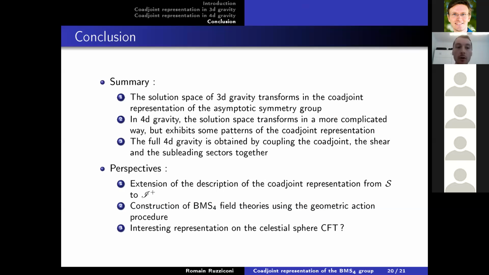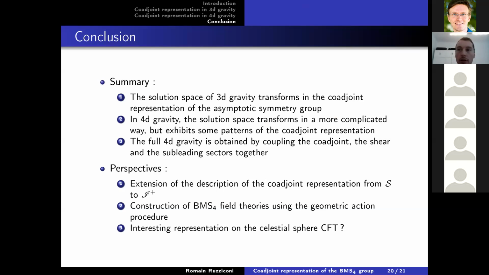Okay, so let me conclude by summarizing the results and giving some perspective for the future. First, what we have reviewed is that the solution space of three-dimensional gravity transforms in the coadjoint representation of the group or the algebra, depending on if you are looking at the finite or the infinitesimal transformation. And furthermore, we have seen that in the case of 4D gravity, the solution space was transforming in a more complicated way.